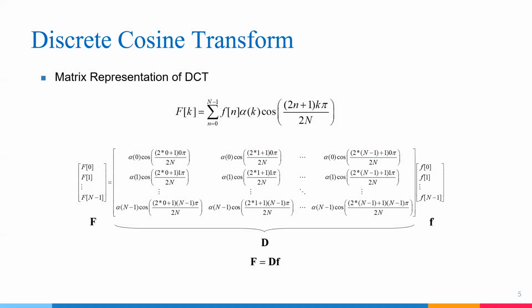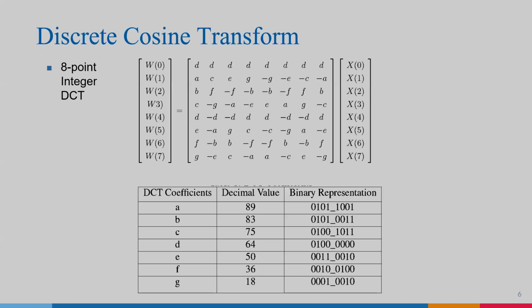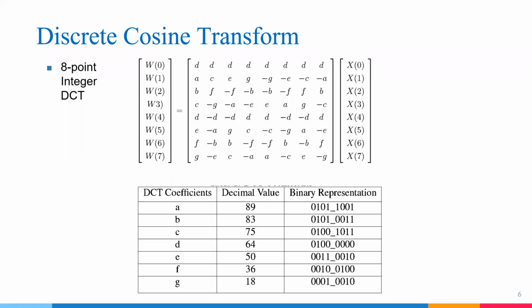If you look at this discrete cosine transform, we can represent it as F equal to D into f, where D is a coefficient matrix, as shown in the diagram. For the 8-point discrete cosine transform, x0, x1 to x7 are the input signals, and W0, W1 and so on are the outputs.